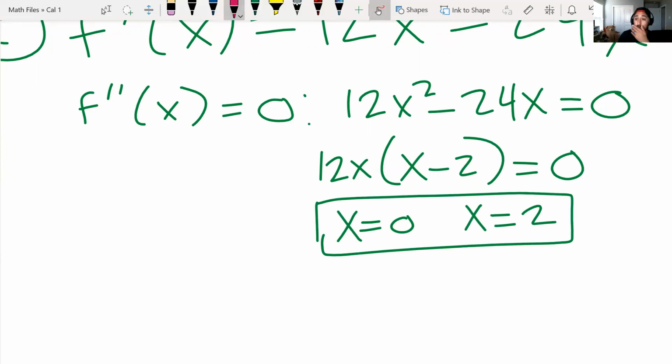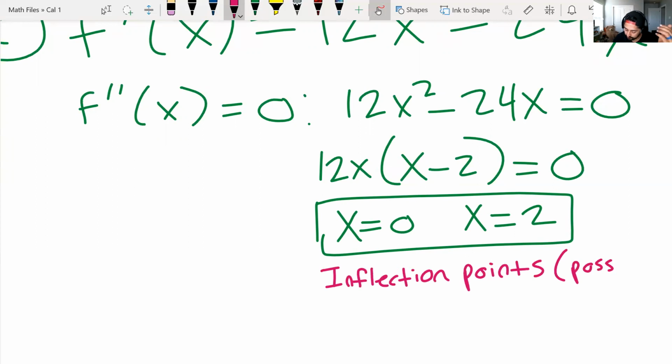These now are called my inflection points. And they are possible inflection points because we have no idea if the concavity is going to change at these points until we make a, guess what?